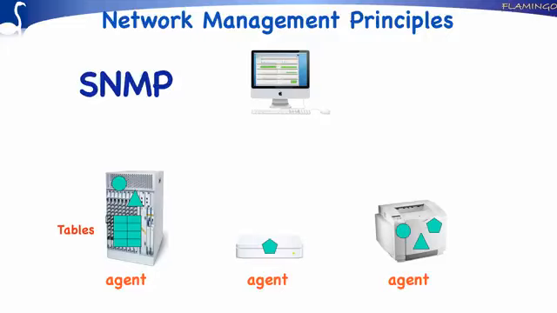Each row in the table will then hold the information for one specific interface. The standard called Structure of Management Information, abbreviated as SMI, defines the precise syntax of all structures that are allowed.